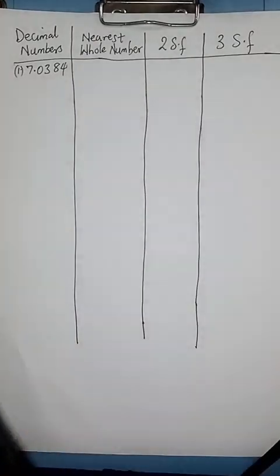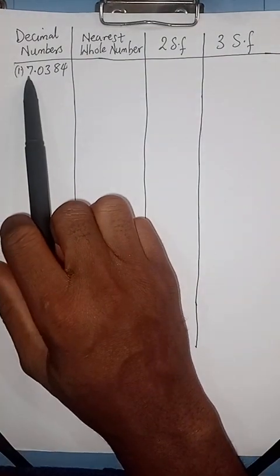So what the question is asking you to do when it asks you to round off numbers to the nearest whole number is to do away with the decimal point and the fractions and keep only the digits before the decimal point, because those are the whole numbers. So in this case, the whole number here is 7.